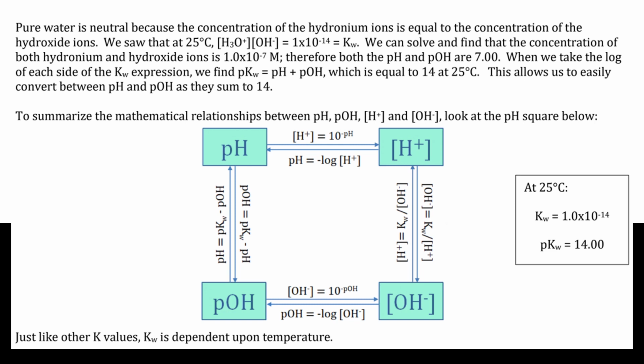Pure water is neutral because you have an equal concentration of hydronium and hydroxide ions. So this is something to keep in mind when you're at 25 degrees Celsius, how to solve for your hydronium, hydroxide ions, your pOH, your pH, etc. So this is something you need to keep in mind.